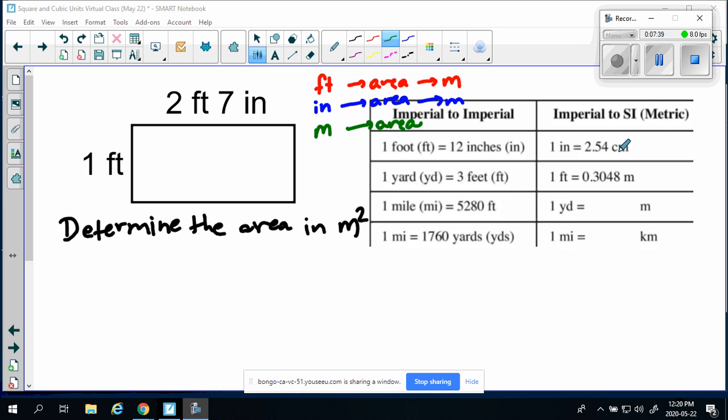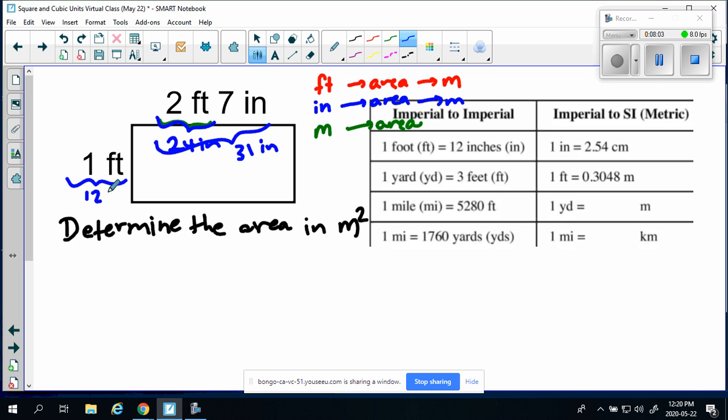So the student vote was we're going to do the blue strategy, which is to convert everything to inches and then do the area. So this is not too bad since there are 12 inches in a foot. So the 2 feet, use blue, it's going to be 24 inches plus the 7 inches. So 24 plus 7 is, this entire side should be 31 inches.